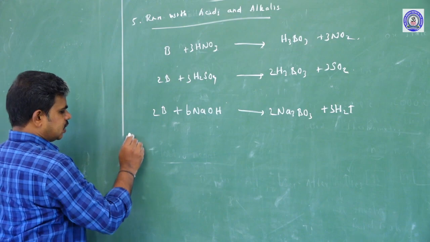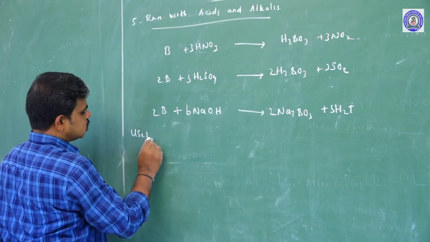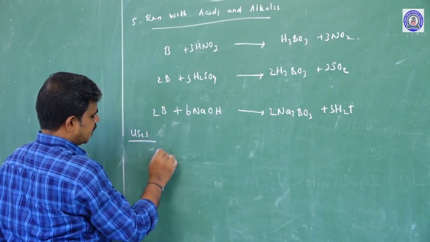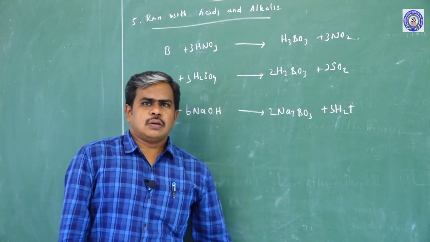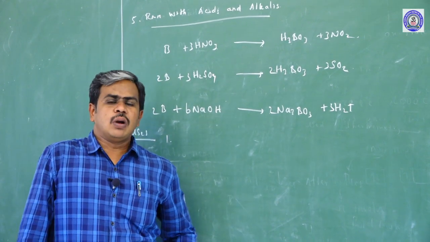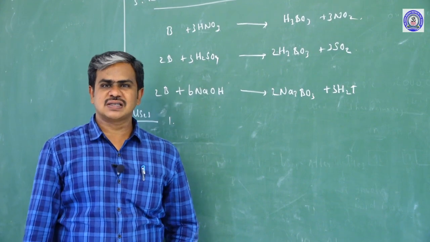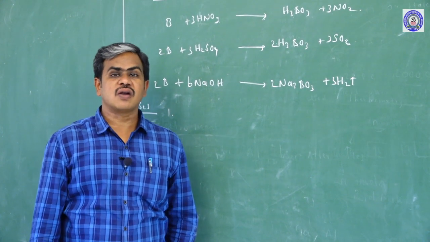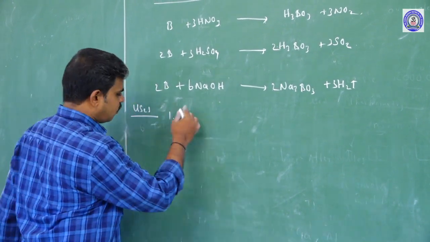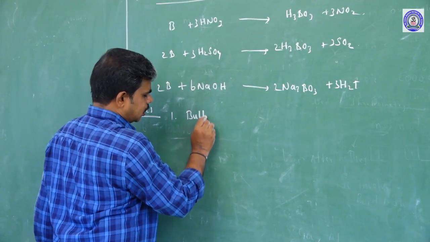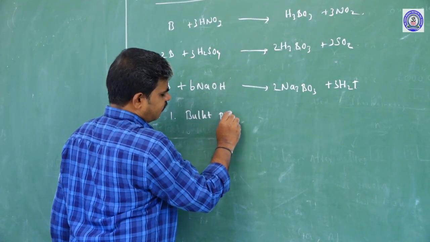Now we may take the uses of boron. You know that a bulletproof vest is made up of boron fiber.